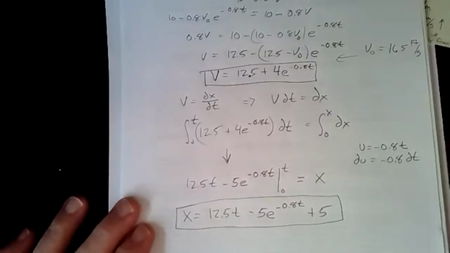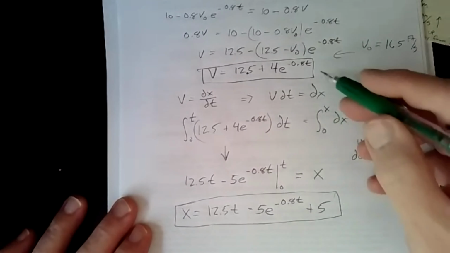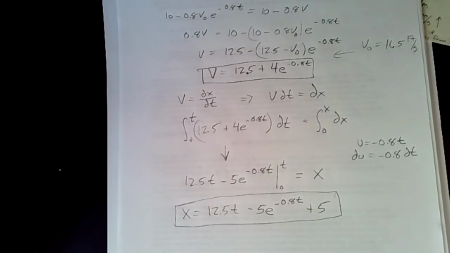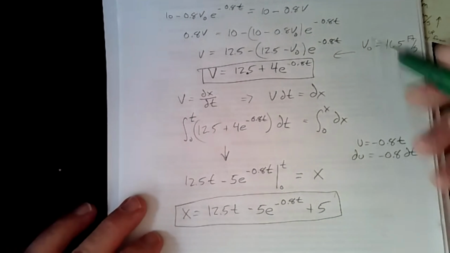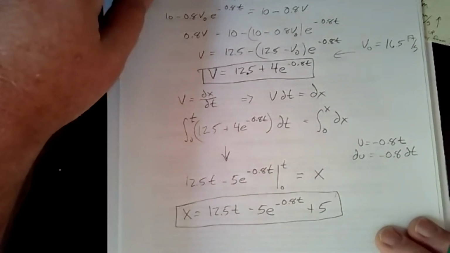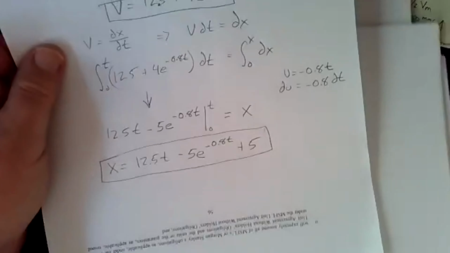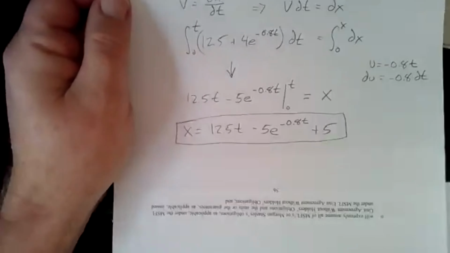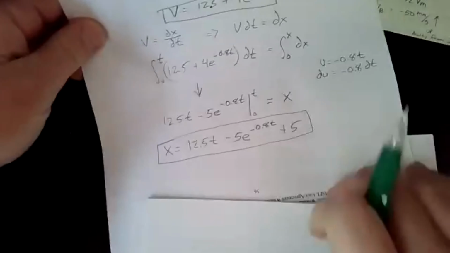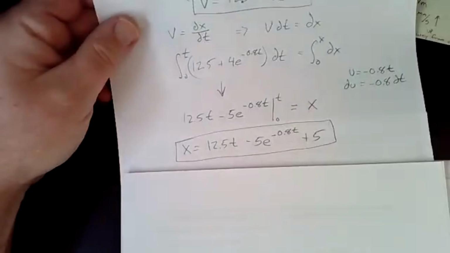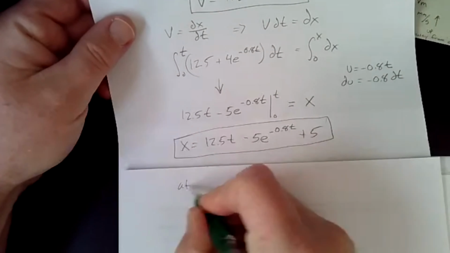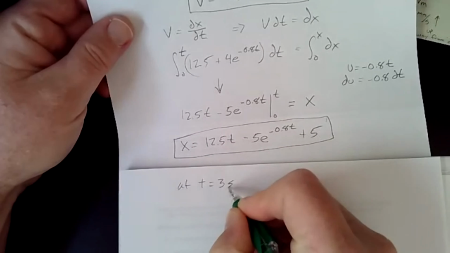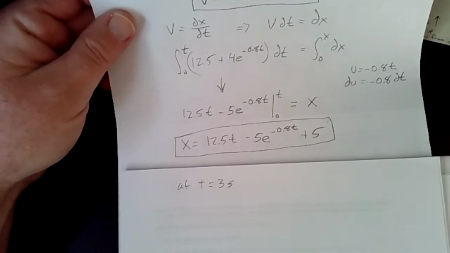So all that to get these two equations, right? So far we really haven't done any dynamics. All we've done is some calculus. And so here we have these, and the actual calculation to get the answers then is, at t equals 3 seconds, we know it hits the bottom.